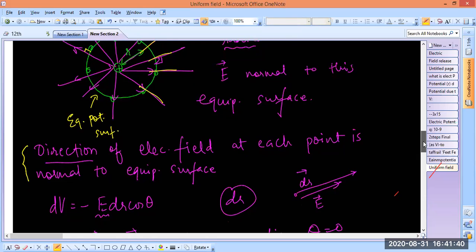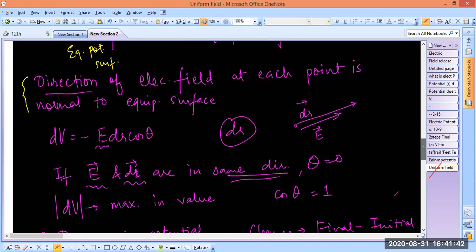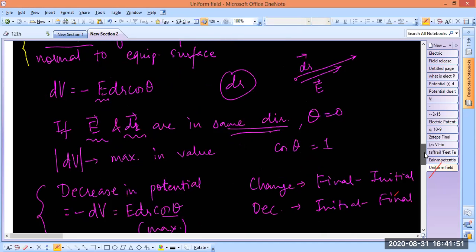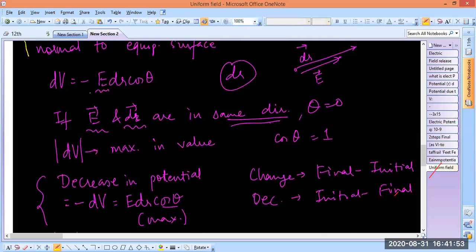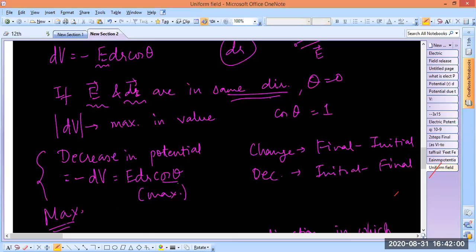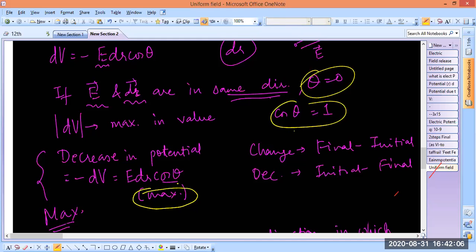And then we talked about another way to find direction of electric field. It says that if you write dV is minus E dr cos theta, then the decrease in potential is E dr cos theta, right? And if you want to make that maximum, you should put cos theta as 1, or you should put theta as 0, right?